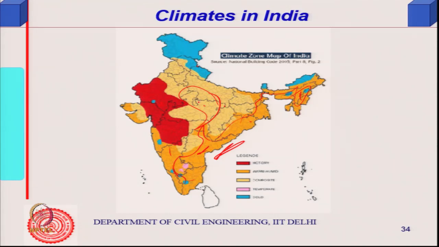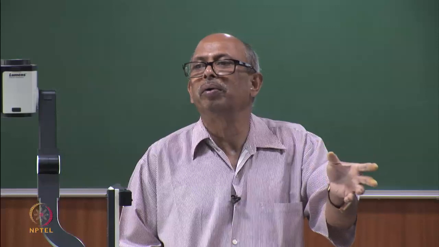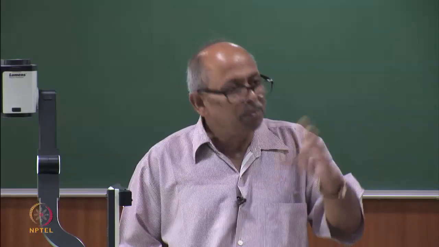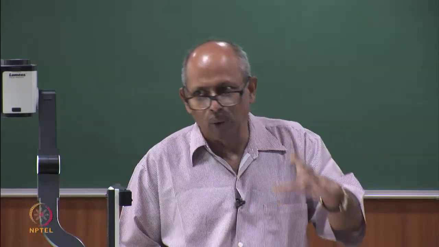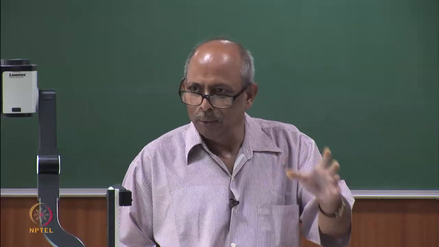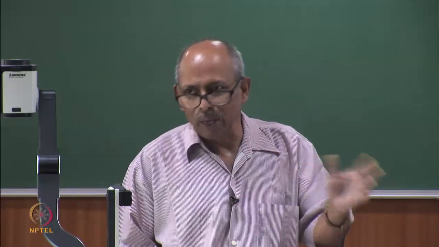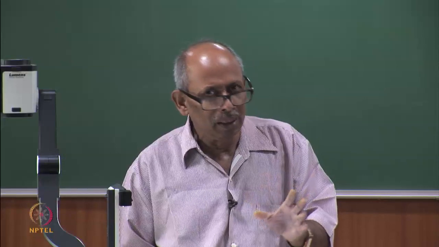So how do you classify? First you look into the data, and if for 6 months the pattern matches with hot dry, you call it hot dry desert climate. If for 6 months it matches with warm humid climate, you call it warm humid. Where it doesn't match with either of them, leaving the cold ones, that's composite monsoon climate, like 3 months warm humid, 3 months hot dry.